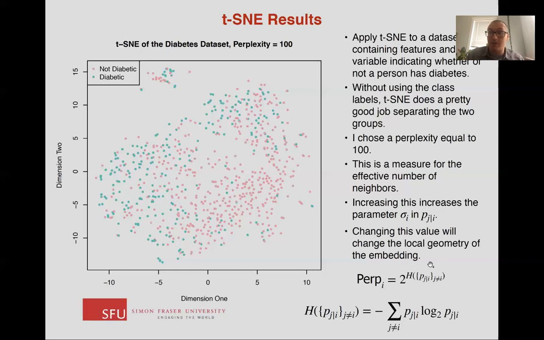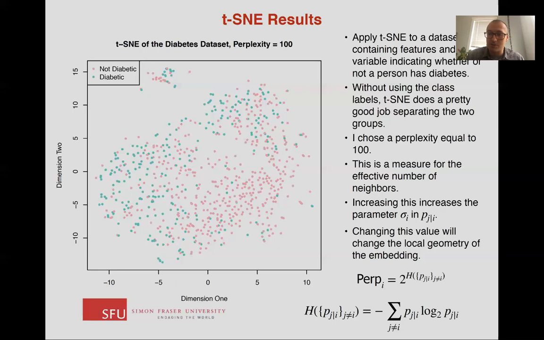So changing the value of the perplexity will definitely change the local geometry and therefore the global geometry of the embedding. And if you're interested in what the perplexity actually is, it's 2 to the Shannon entropy, and the Shannon entropy is defined down here. So it's not essential that you understand all of that.